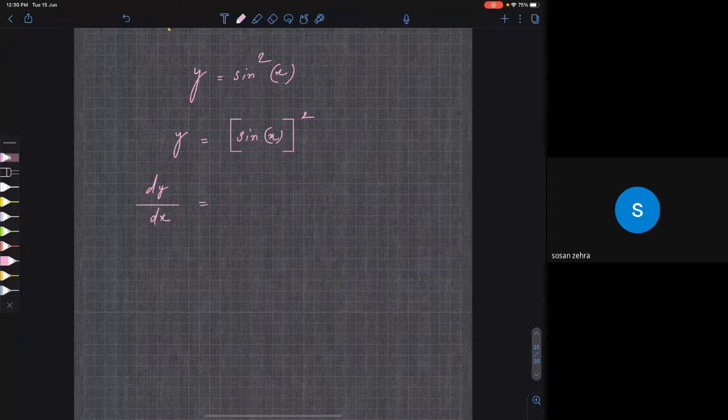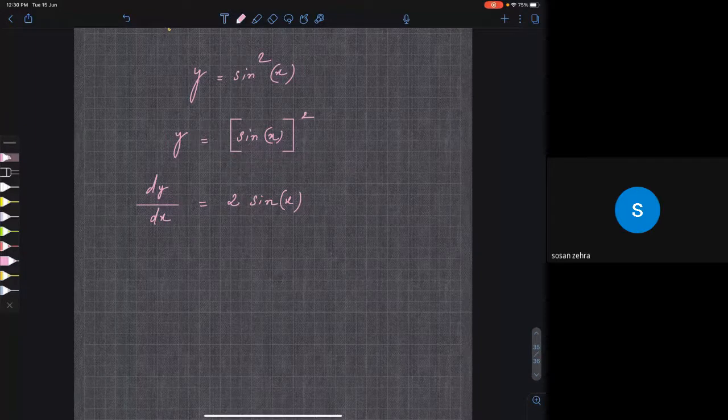First, see, if y is equal to x squared, you'll write 2x. If y is equal to something squared, you'll write 2 times that something. So instead of 2x, I write 2 sin x. And what is the derivative of sin x?